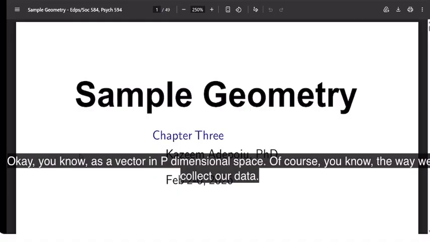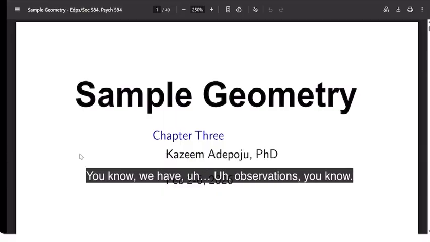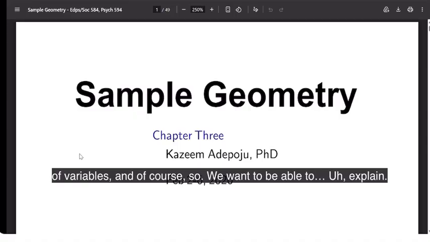The way we collect our data, we have observations collected over so many variables, and we want to be able to explain how sampling behaves in a high dimensional space.